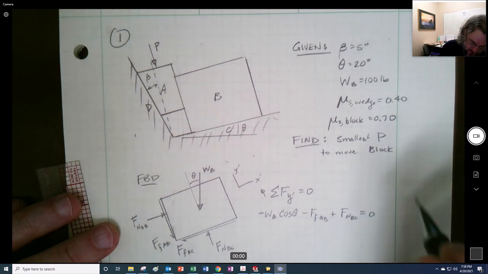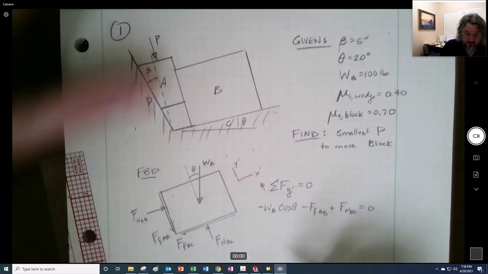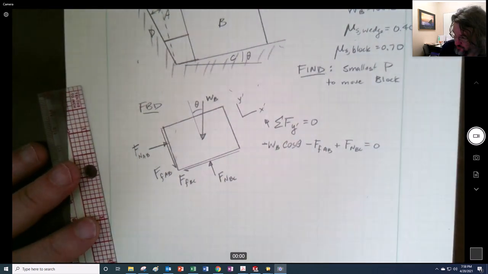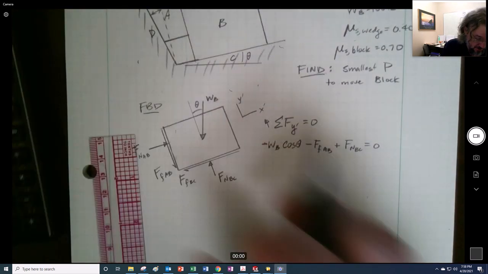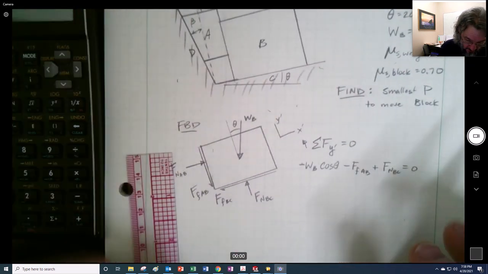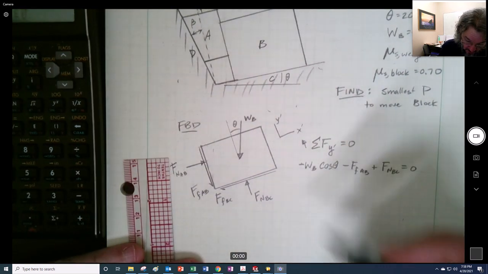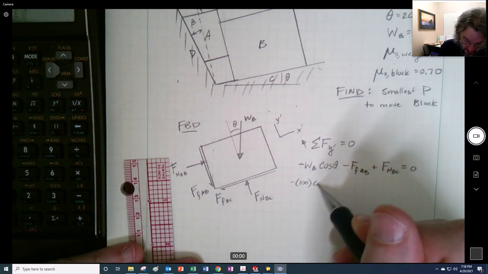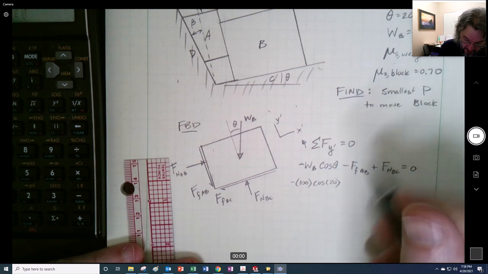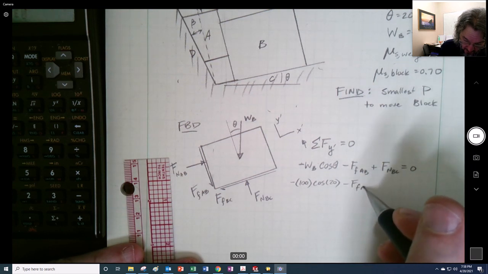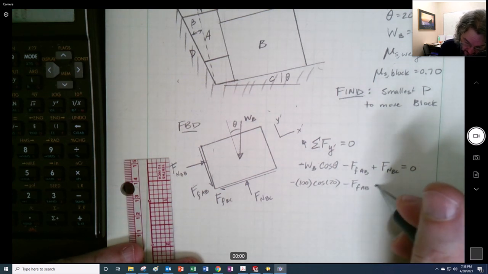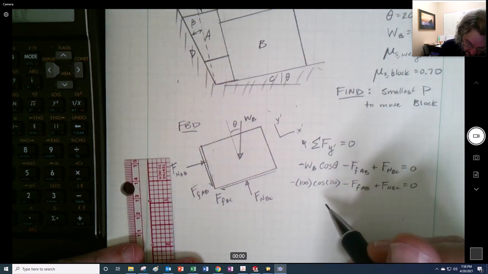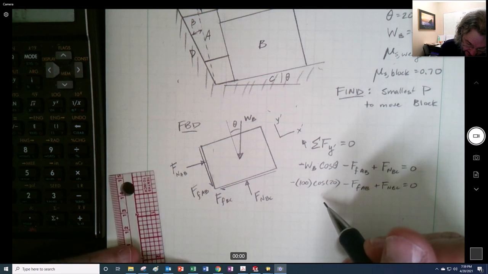Okay, we could put numbers into this. Wouldn't hurt anything to do that. This thing is going to be a long video because I'm not feeling very smart today, feeling kind of sluggish. So 100 cosine of 20, minus F FAB plus F NBC.